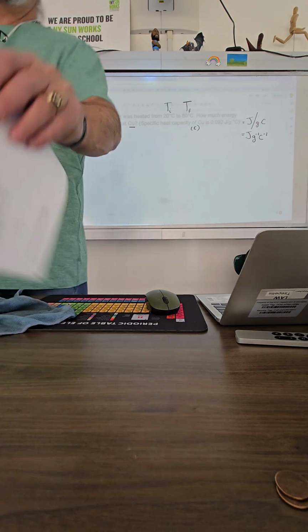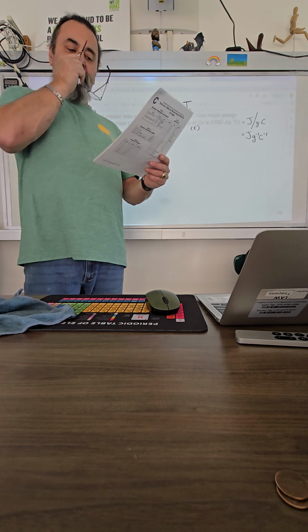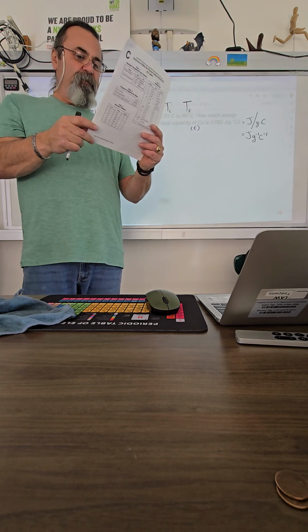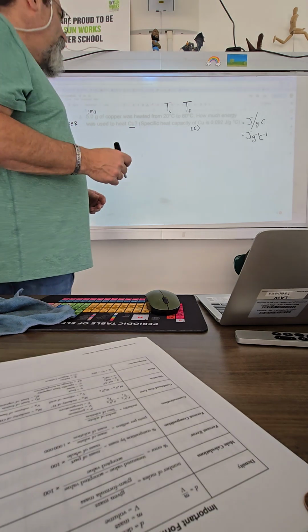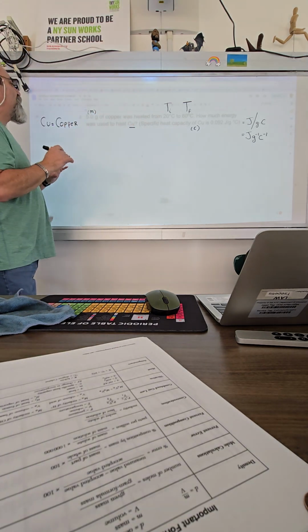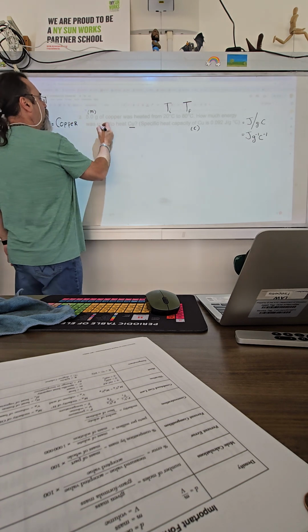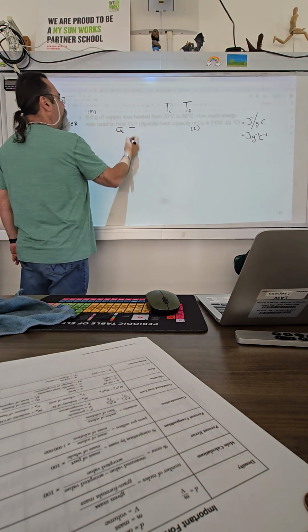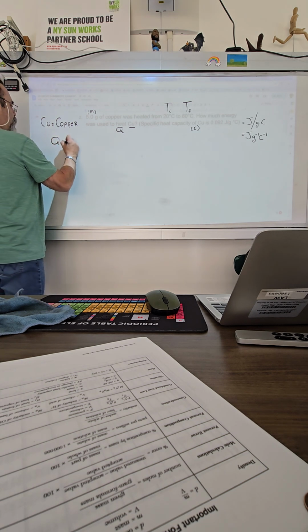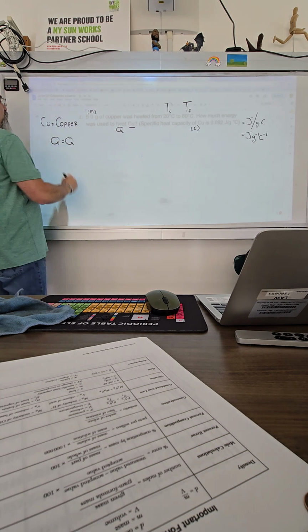For Q, that's heat. Just says heat, right? That's fair. So heat and energy in this case are the same, you just have to remember that. So we're looking for Q. Q is Q, because that's what we're looking for.